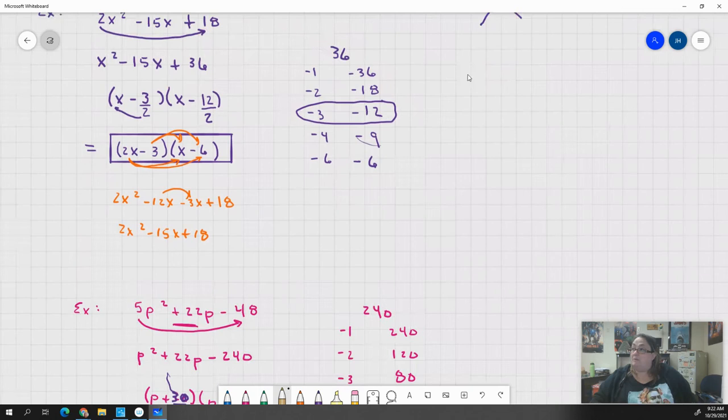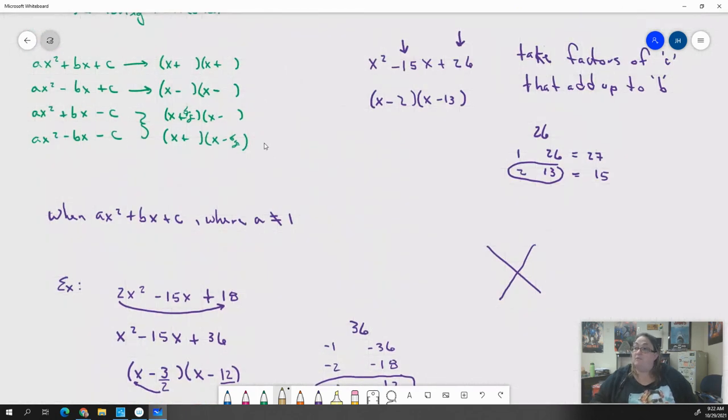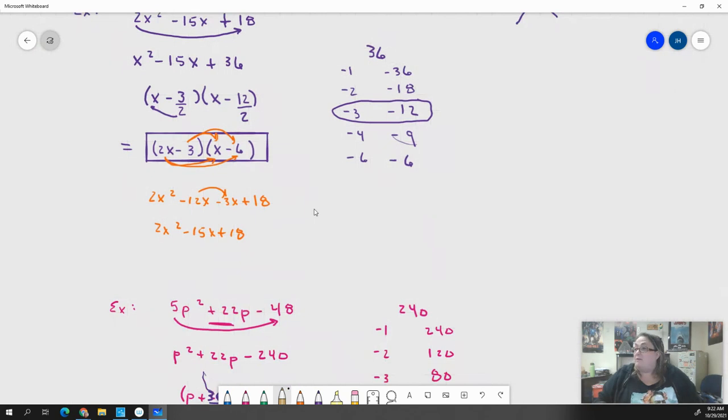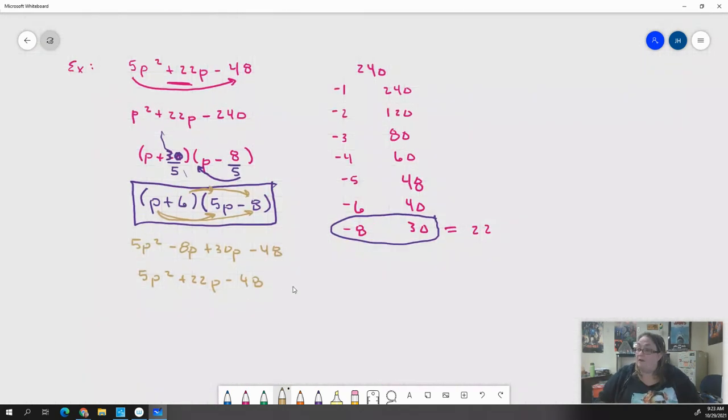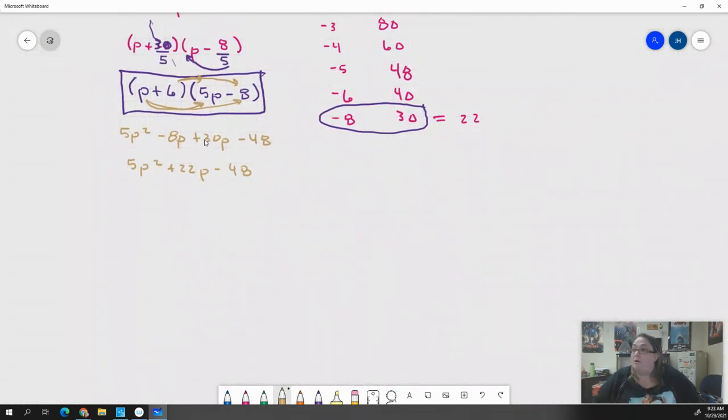So if you come up here, we've got the original chart. If your problem starts out looking like this, with a negative end term, you're going to have a positive and negative factor. The way you tell is by whatever is in front of your non-squared variable. So your B term determines it. If it's negative, your bigger factor is negative.